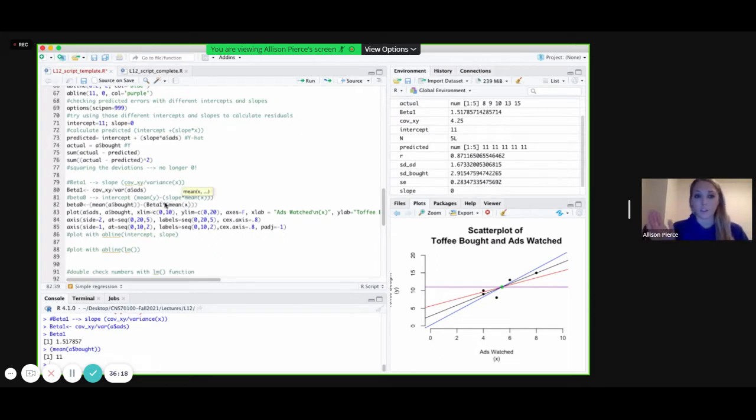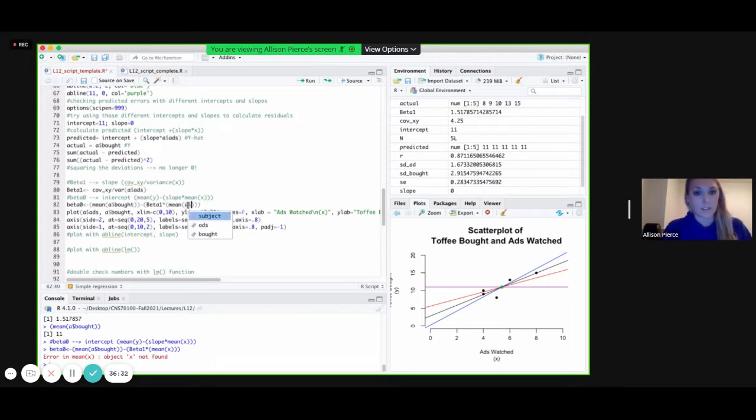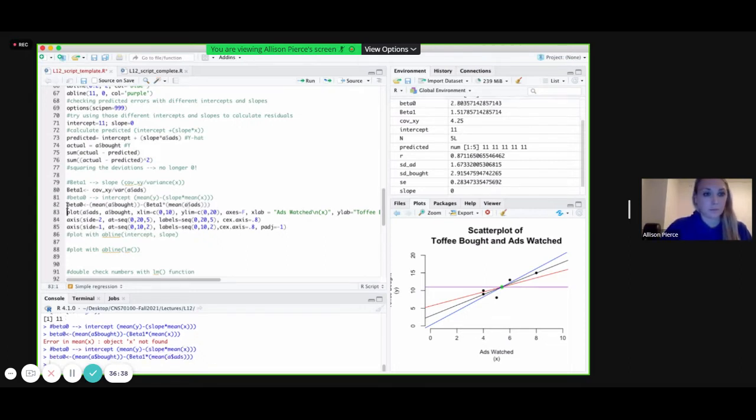So we also want it to go through our mean of x at the angle that we specified up here, the slope. So this should give us, oh, I do this every time. This is why I usually just call things x and y. Okay, and so this gives us 2.8.